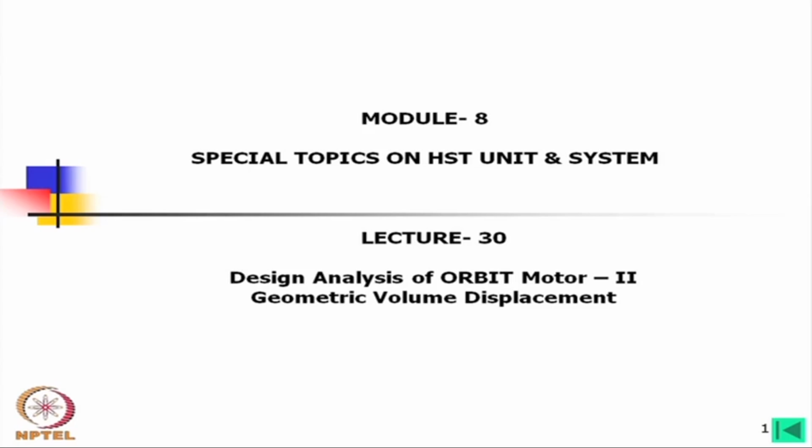Welcome to today's lecture on design analysis of orbit motor 2, which is geometric volume displacement. In the earlier lecture, in part 1, I discussed the geometric design of the star and envelope, that is the ring of an orbit motor.